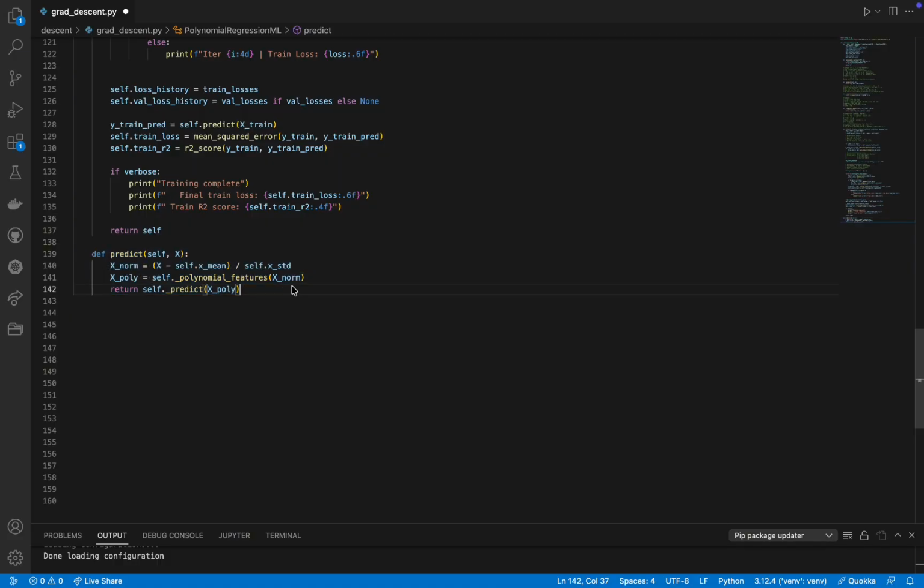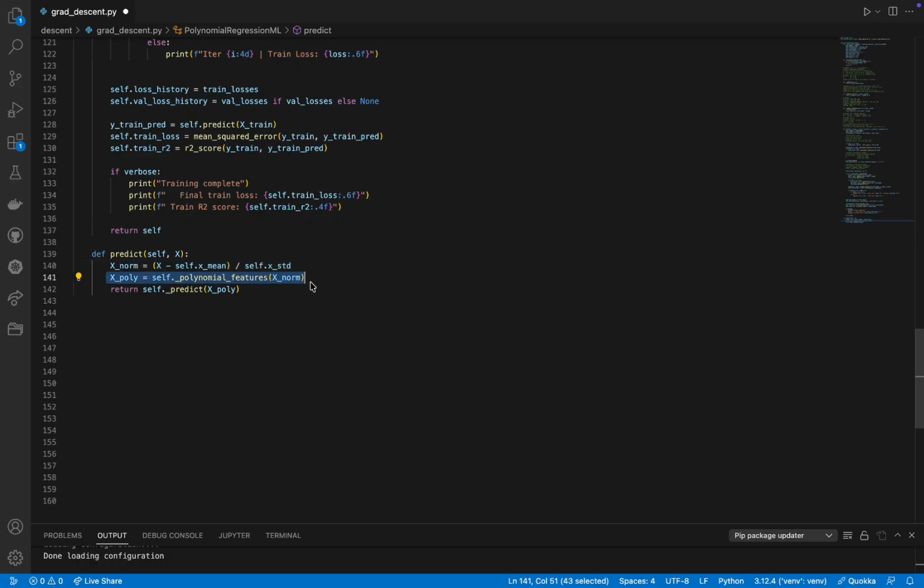The predict method is how we make predictions on new data after training. It takes X as input, which could be test data or any new samples we want to predict. First we normalize X using the training mean and standard deviation. This is crucial. We use self.X_mean and self.X_std, not the statistics of the new data.